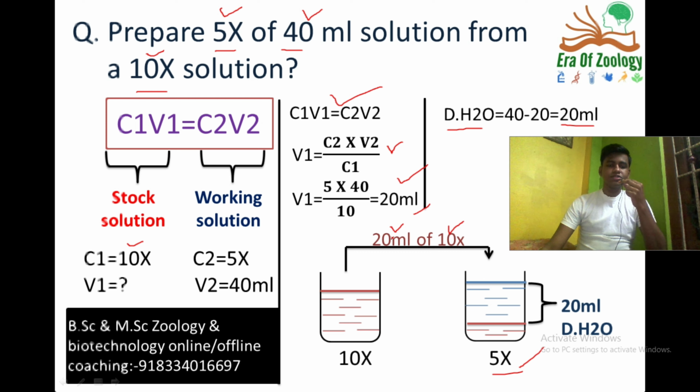So this is the method of how to prepare 5x of 40 ml solution from a 10x solution. In this question the concentration is given but the volume is not given, which you have to find out using C1 V1 equals C2 V2. After calculating V1, you also have to calculate the amount of distilled water.